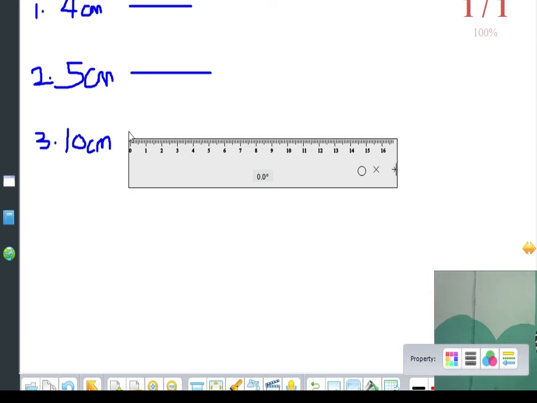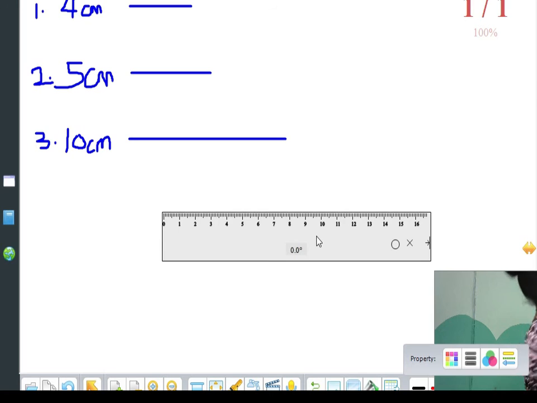Remember my starting point, not from 1, but from the 0. I count 10. 1, 2, 3, 4, 5, 6, 7, 8, 9, and 10. Then I draw my line. So I've been able to get 10 centimeters.